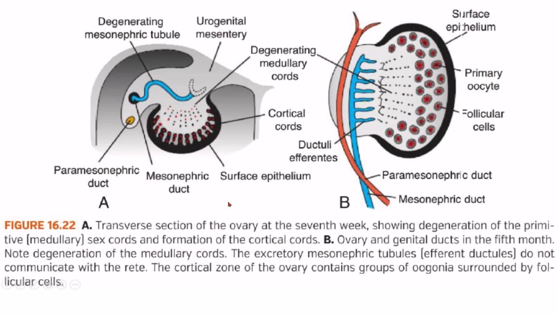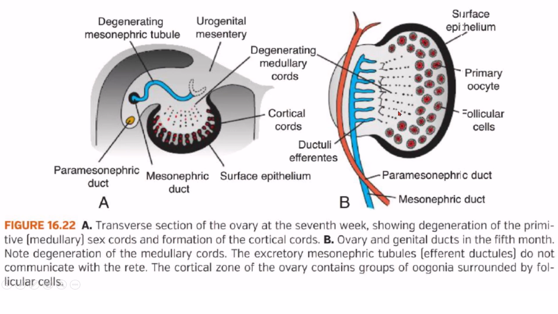You can see here the medullary cords are degenerating, and there is no communication between the medullary cords and the mesonephric tubules. The cortical cords are persisting. The cortical cords will form the follicular cells surrounding the primordial germ cells, resulting in the formation of the primary ovarian follicle.